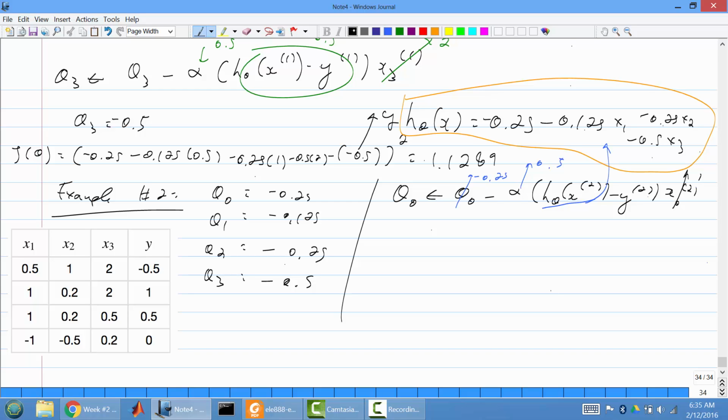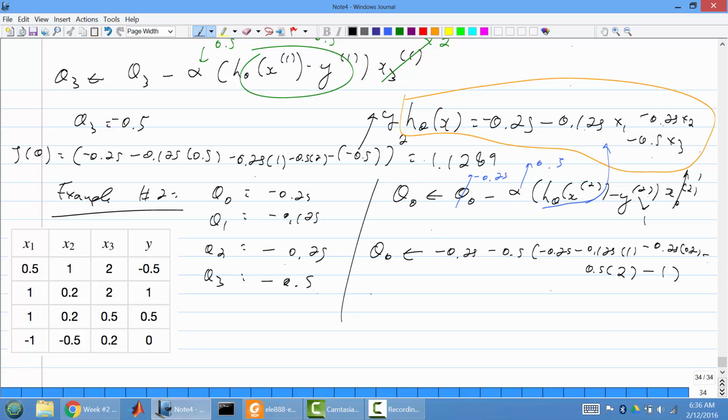And then this guy is 1, and that's 1 as well. So we got theta 0 minus 0.25 minus 0.5, and then we're going to do minus 0.25 minus 0.125. The example here, so you have 1, 0.2, and 2. Subtract this with the expected output, which is 1, and that's it.